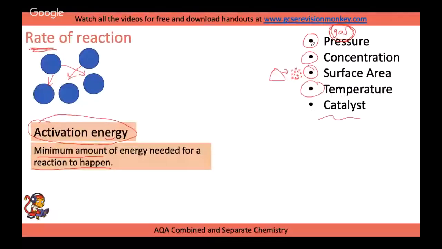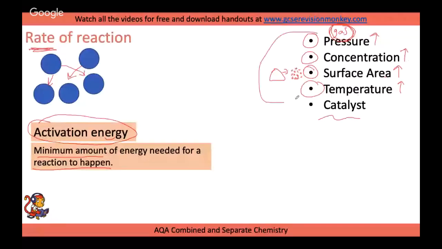Now, whenever you're asked how these affect the rate of reaction, you can say that increasing pressure increases the rate of reaction. Increasing concentration increases the rate of reaction. Increasing the surface area increases the rate of reaction. And increasing temperature increases the rate of reaction. And it's nice and easy for every single one as long as you remember this phrase.